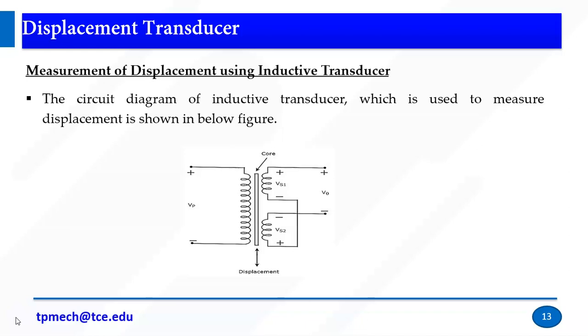Both are connected in series. The ends of the two secondary windings are connected in series, so Vs1 and Vs2 are connected in series. In between the primary and secondary windings, we have a core.